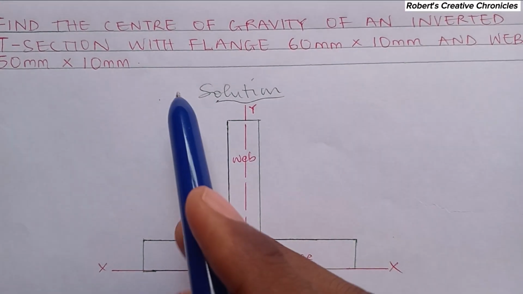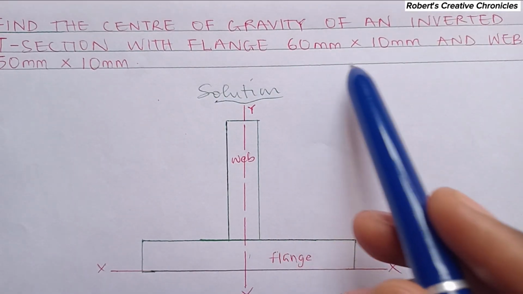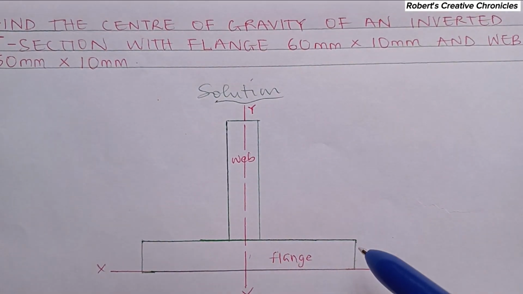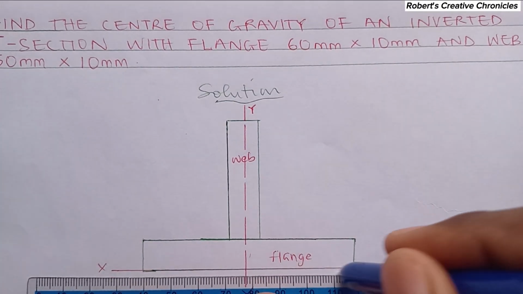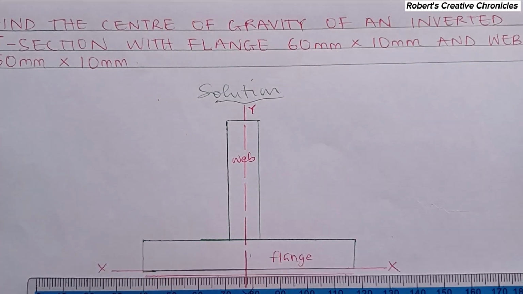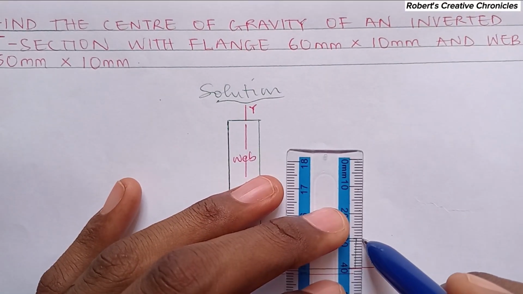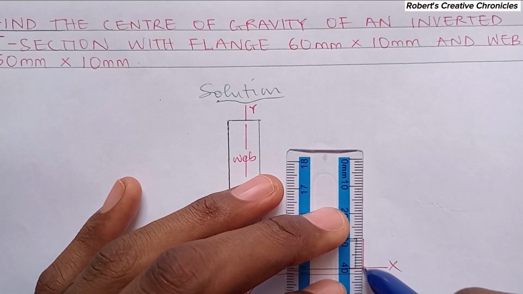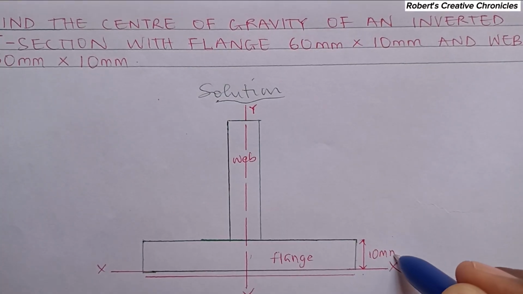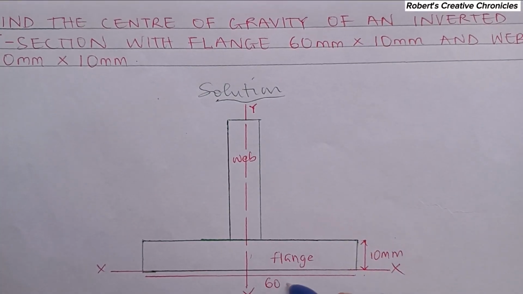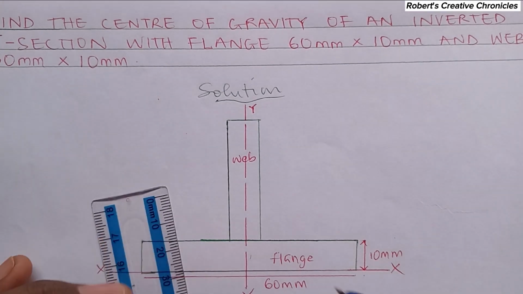The question says the flange is 60 mm by 10 mm. So this is the flange, here will be 60, then here is 10, and 60 mm, that's millimeter.